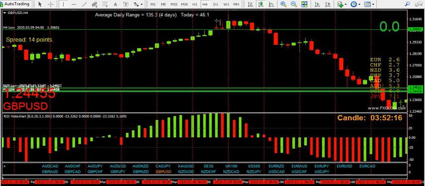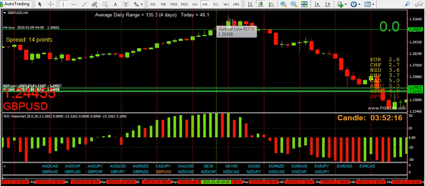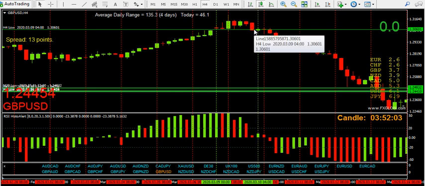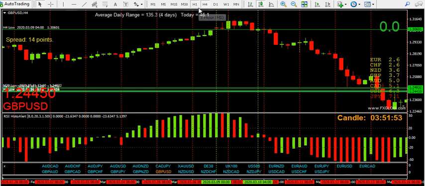So if we stick our line on the left hand side of our critical penultimate candle, and then our line on the right hand side of the closing candle, the critical candle, we can start to look at the trends on the lower time frame.